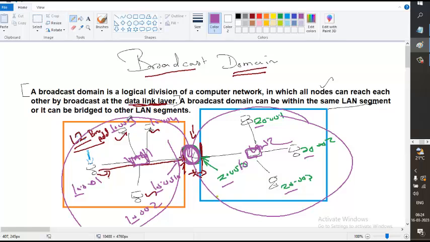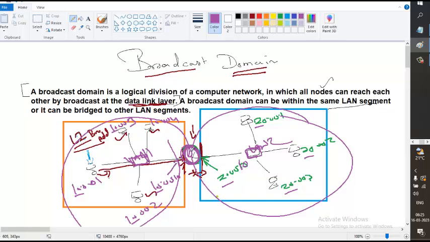Do we need a router to communicate between the devices in the same broadcast domain? I repeat the question. Do we need a router to communicate between the devices that are in a single broadcast domain? No. A router is this one. Only between different broadcast domains do we need a router.